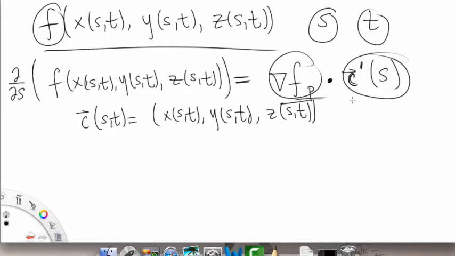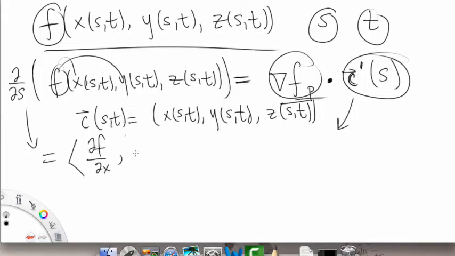So how are we going to figure out both of these? Like I said, we're going to expand on the next line. This is going to be equal to the gradient of f at some point, so we make the jumps. Our first partial is partial f, partial x. Our next is partial f, partial y, and the last one is partial f, partial z.